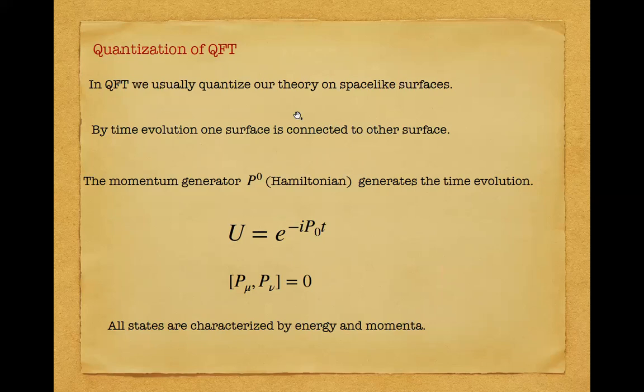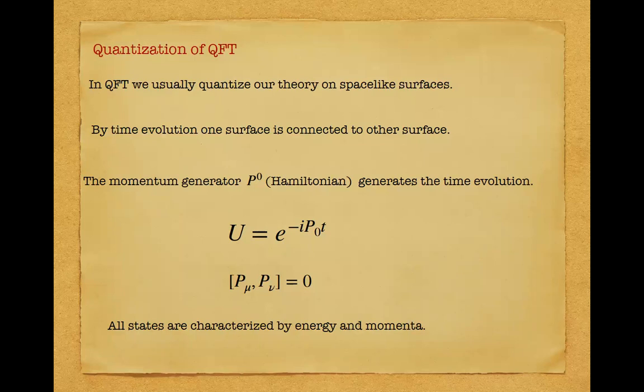Typically in QFT, we usually quantize our theory on a constant time slice. We take a space-like surface at a particular instant of time, and our Hilbert space lives there. Then we take our Hamiltonian, which generates the time evolution.